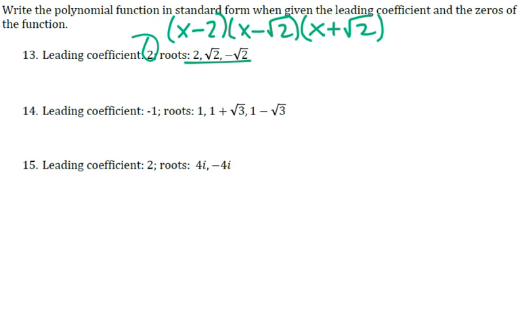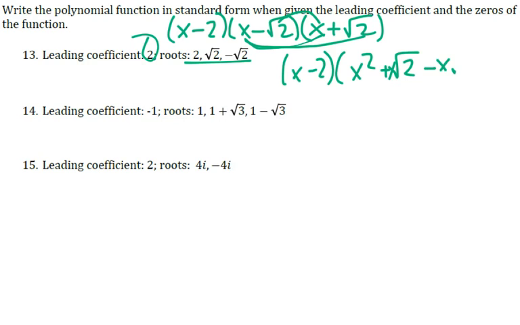So, we start by multiplying. So we get x times x. I'm going to do that one first. Gives us x squared. X times square root of 2, x root 2, then negative square root of 2 times x, minus x root 2, then negative square root of 2 times square root of 2.